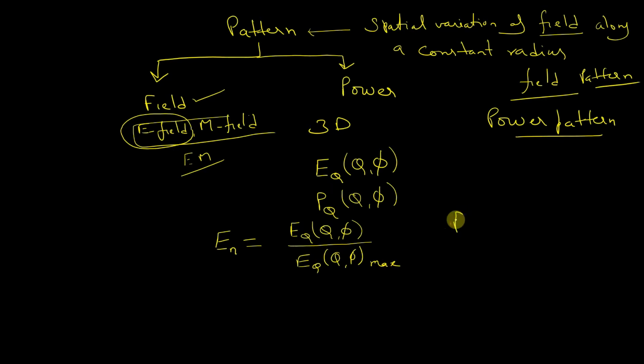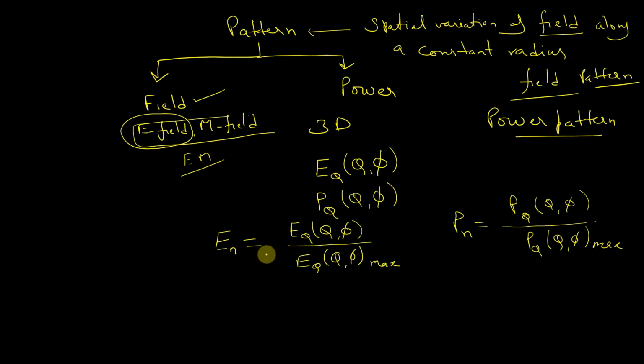Similarly for power, Pn will be P(theta, phi) divided by P(theta, phi) max.